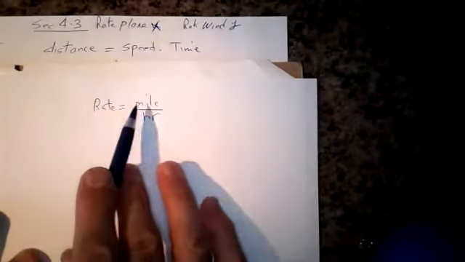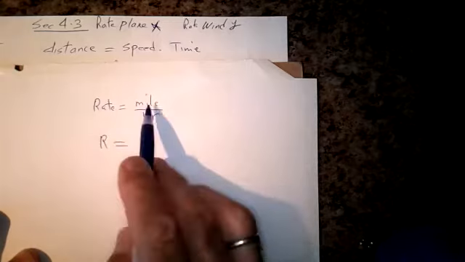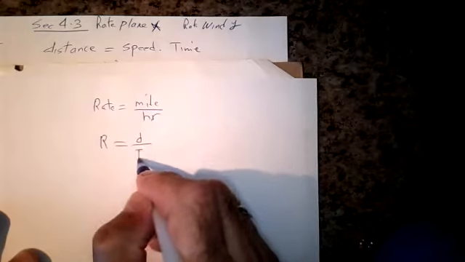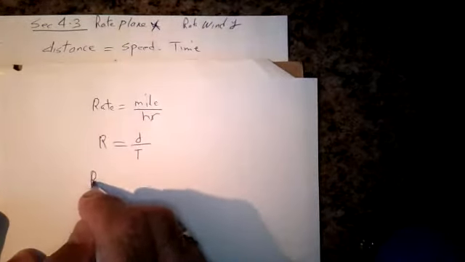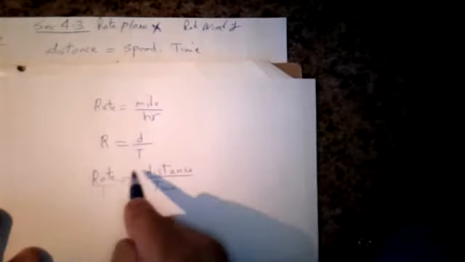Rate: mile is the distance, and hour is the time. Or rate is equal to distance divided by time, and if I cross multiply, then distance is equal to rate multiplied by time. So again, when you drive a car, you're dealing with this formula every day.